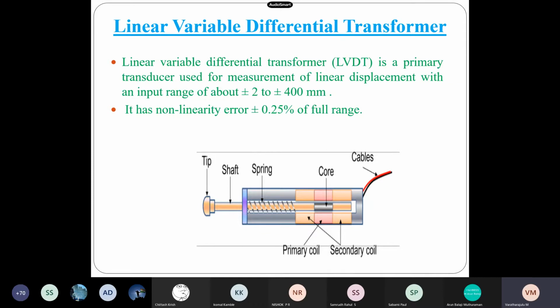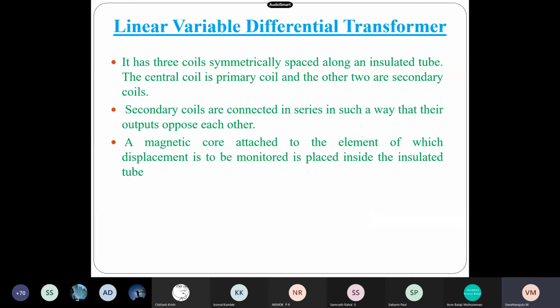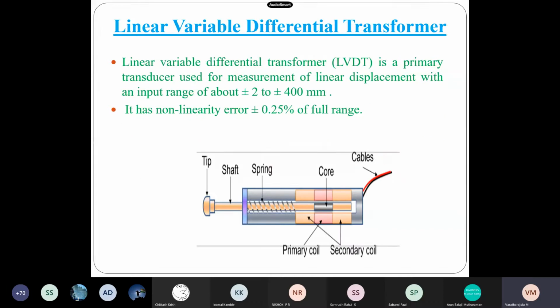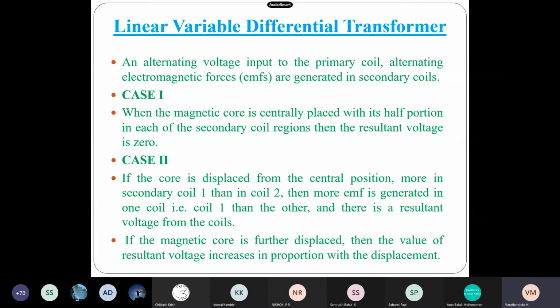Therefore ET is equal to EC1 minus EC2. When we keep the core at the right side, the net EMF is negative. When we keep the core at the left side, the net EMF is positive. That is what is detailed in case 2.